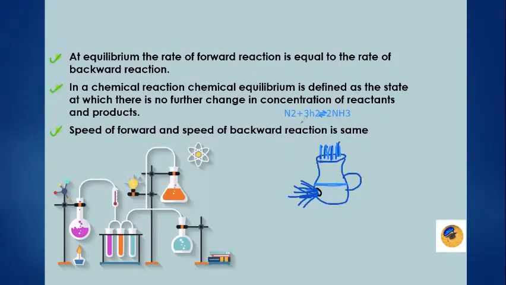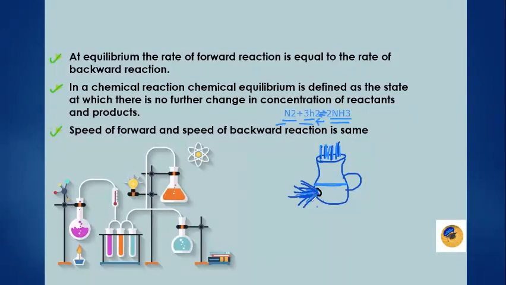In this reaction, the forward reaction, nitrogen plus hydrogen giving ammonia, is like the water being poured into the jug, and the ammonia decomposing into hydrogen and nitrogen is like the water leaking out.